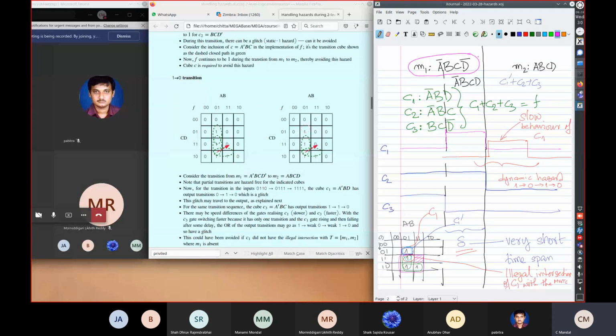The transition is happening from M1 to M2, but it's a multi-bit transition, or I can say multiple input change.